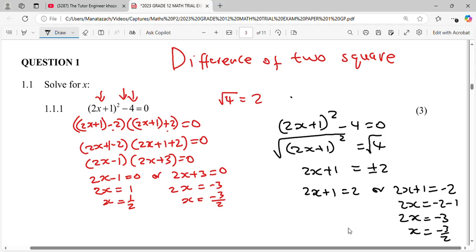So that's the same answer as that one. I'm sure you can recognize it. And then here we'll have 2 minus 1. Then 2x is equal to 1, and then x is 1 over 2. So that's the other way. So these are the two ways that you can solve for x given the difference of two squares.